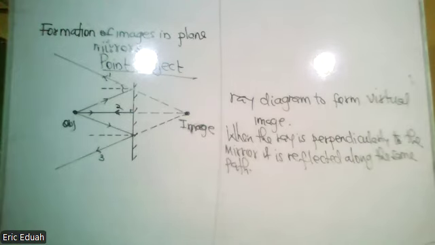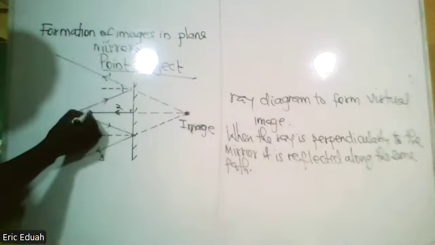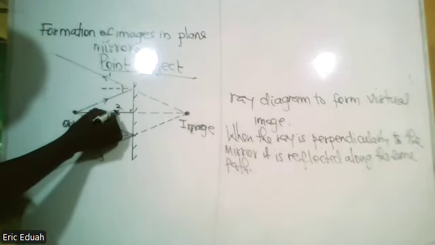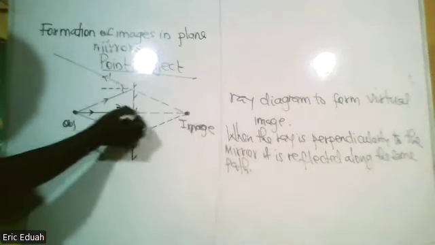This is the first rule. When the ray is perpendicular to the mirror, it is reflected along the same path. What does it mean for it to be reflected along the same path? Look at the path of the incident ray and the path of the reflected ray. They are along the same path line.